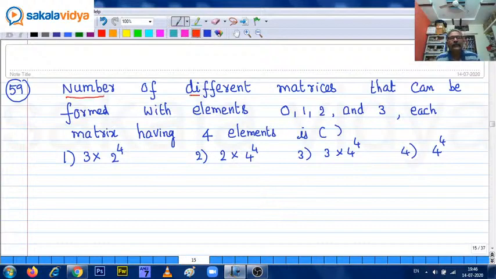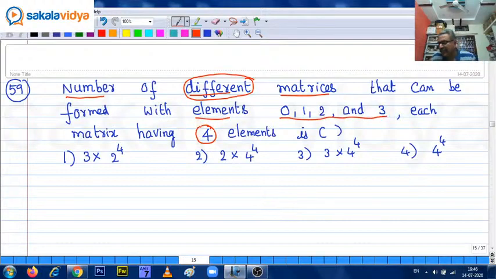Number of different matrices, that means different types of matrices that can be formed with the elements 0, 1, 2 and 3, each matrix having 4 elements. Here also we can make use of the 0. 0 is accepted.